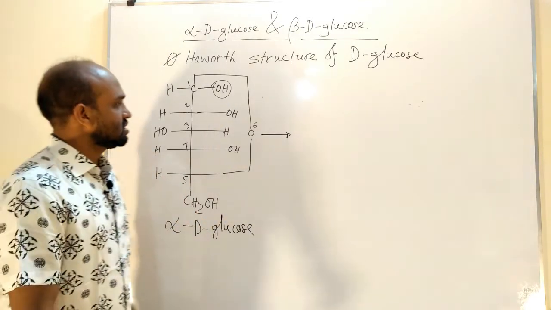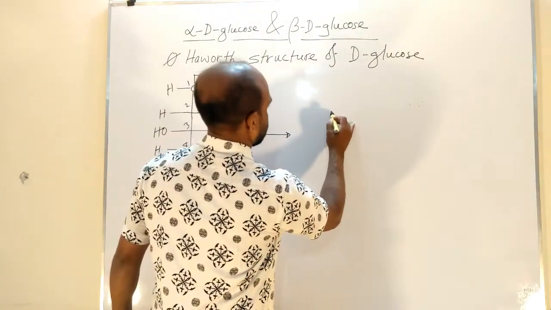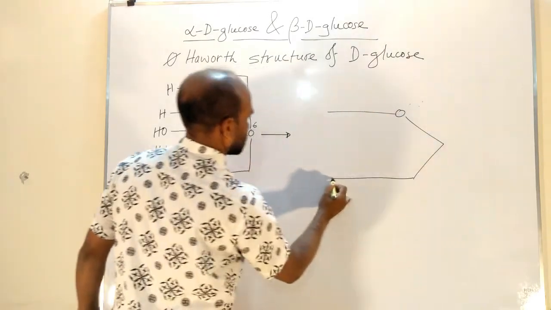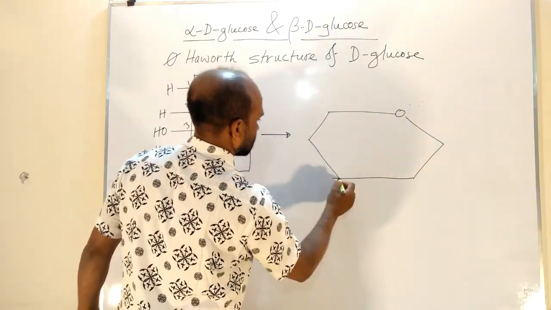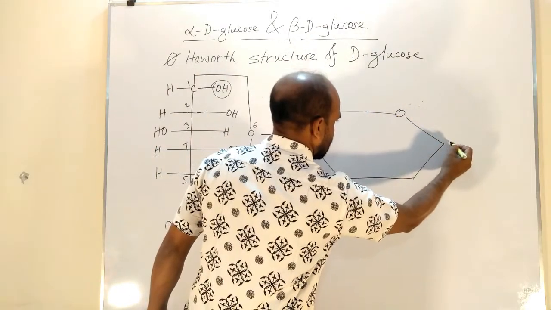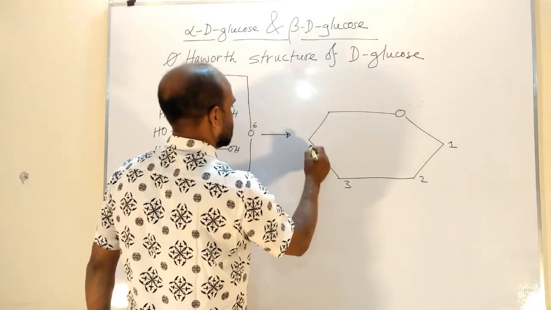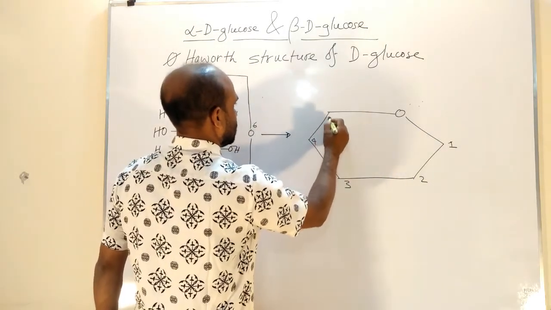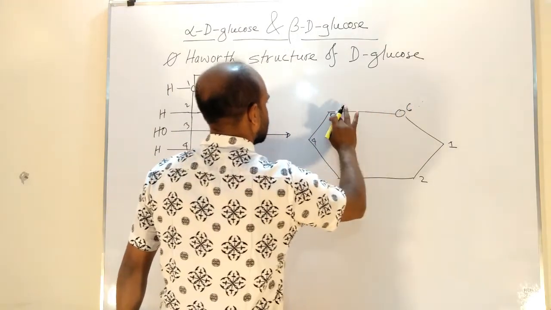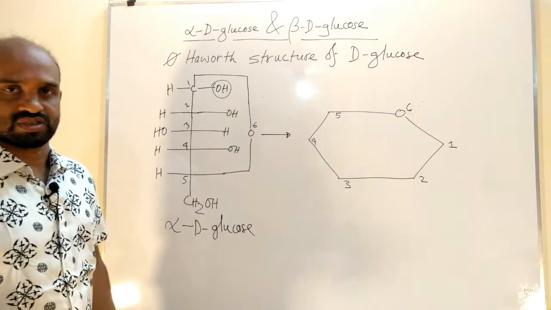Let's write the ring structure with 6 members. Here this carbon 1, member 1, 2, 3, 4, 5, and this one is another member, so 6. So this is the hexagonal ring structure.